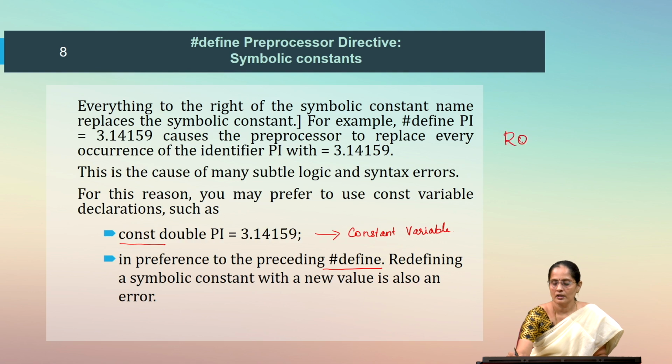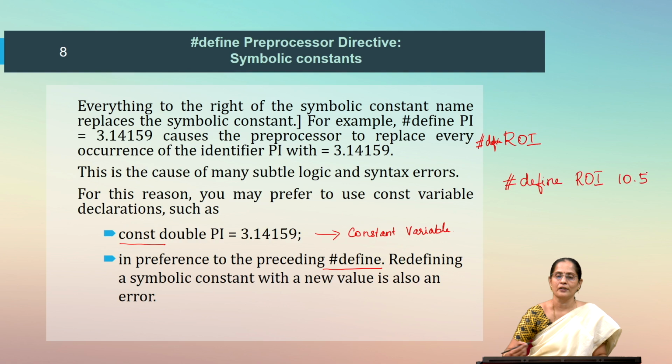For calculating simple interest, the rate of interest can be defined as a symbolic constant. I will be using hash define ROI, rate of interest, with 10.5.